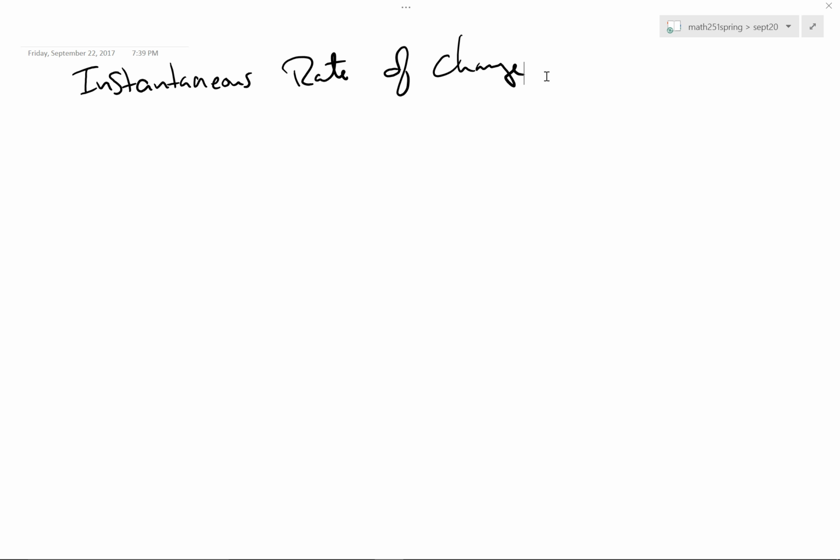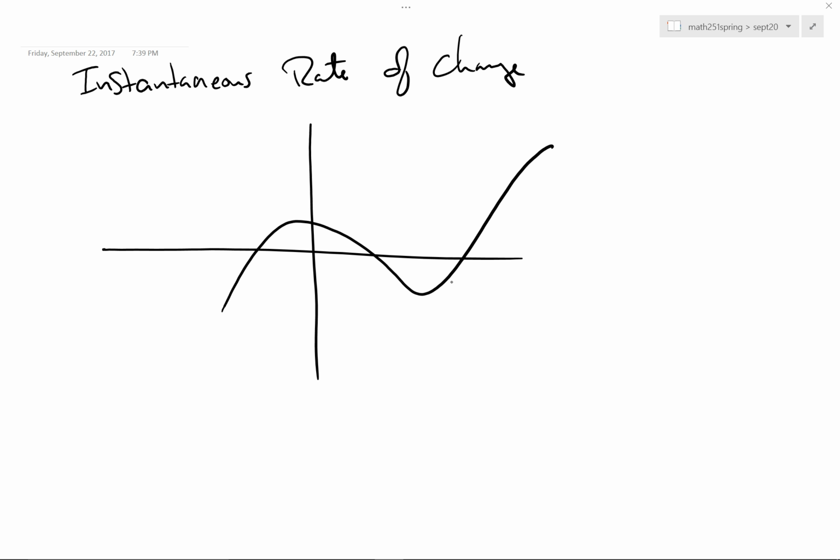How fast were you going right now? Here's some random function, and you're here, and let's say here. If you drew a line through there, the average rate of change from there to there is clearly a positive slope.